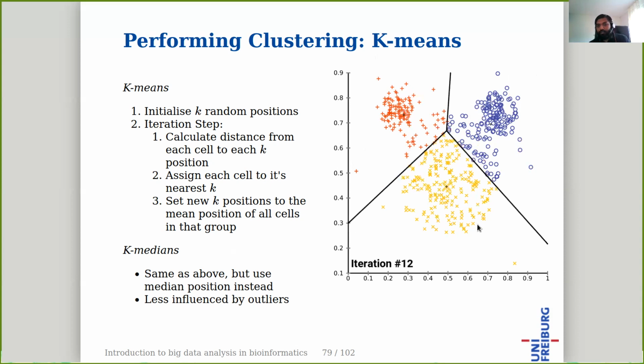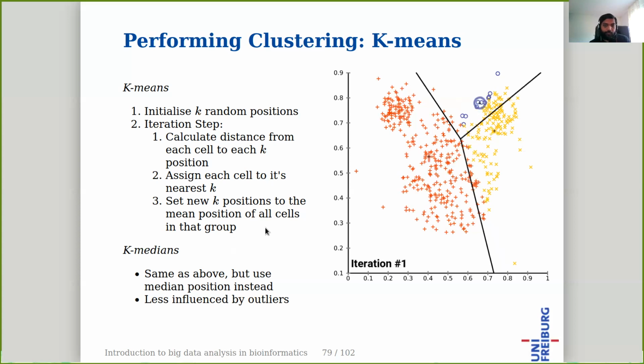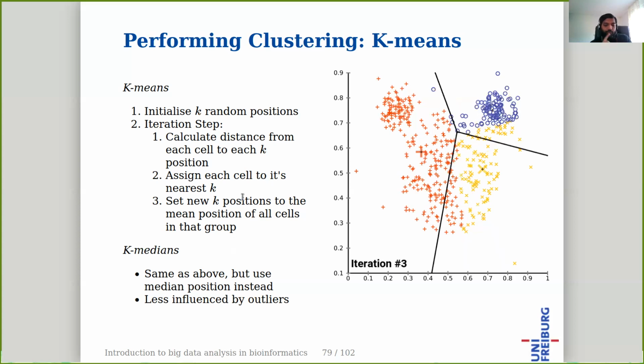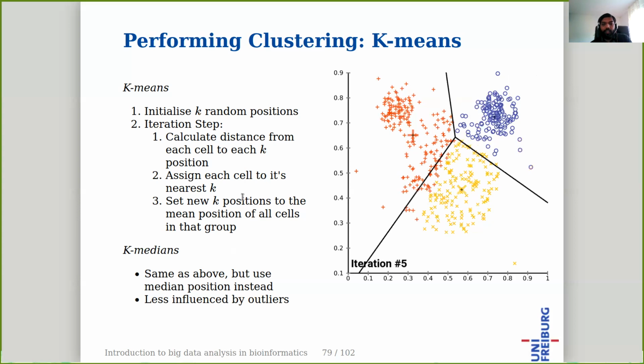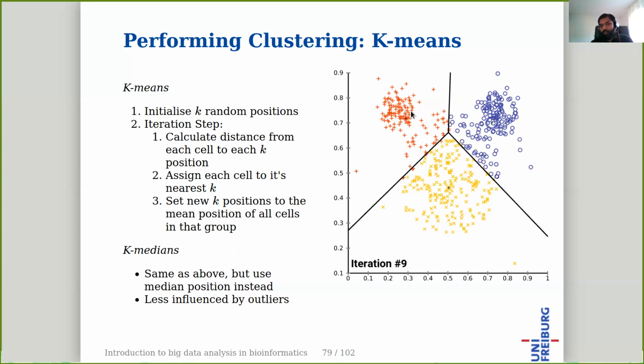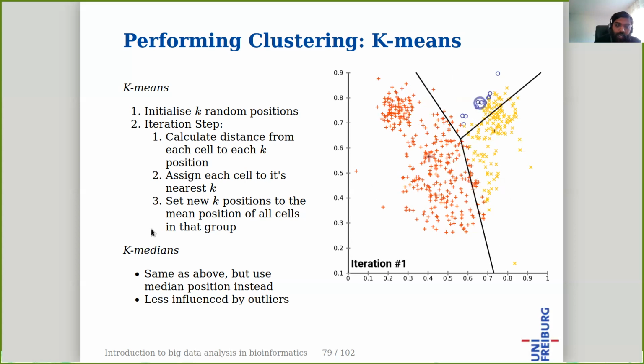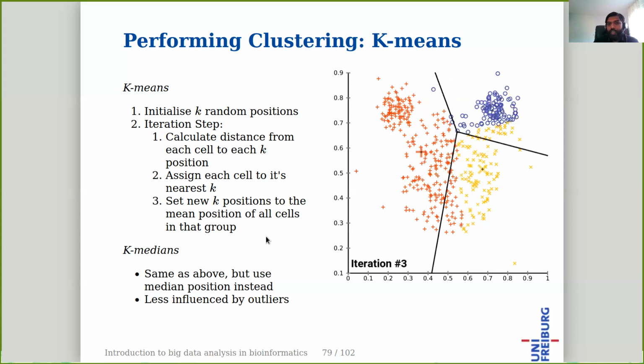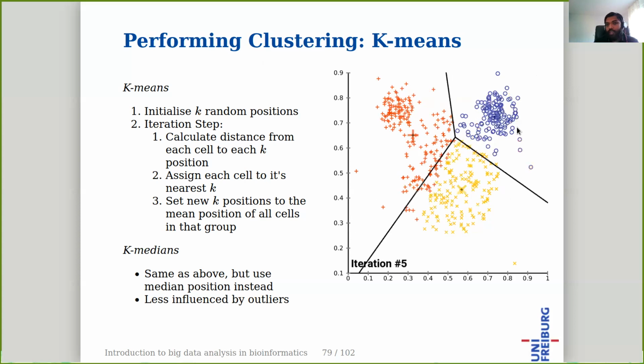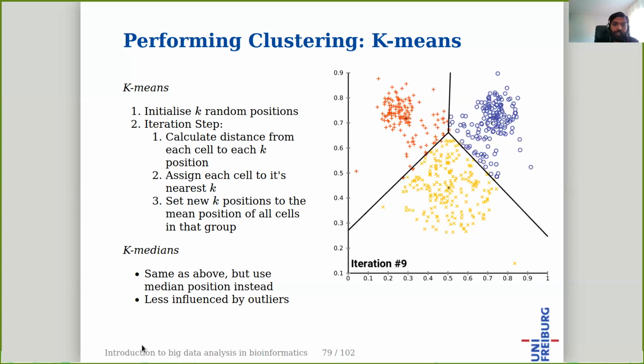The same is done for the yellows here, the same for the blues here, and then we move the positions of the k's. Then we iterate this process again and again until the k doesn't move, the positions of the means don't move at all, and that's where we converge. This is how k-means clustering is done. Then we have the desired number of clusters, k clusters.